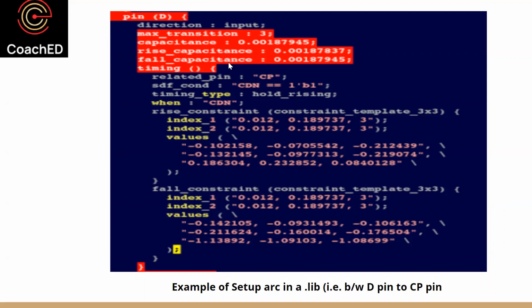And then we are looking at a characteristic timing, the timing behavior. And then what are you saying? What is a related pin? So sequential cells, elements have an input pin and a related pin. Related pin is the one which is the control pin or the constraint pin. In this case, it is the clock pin.